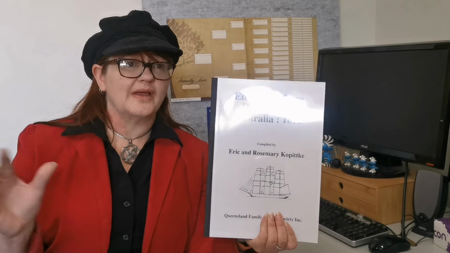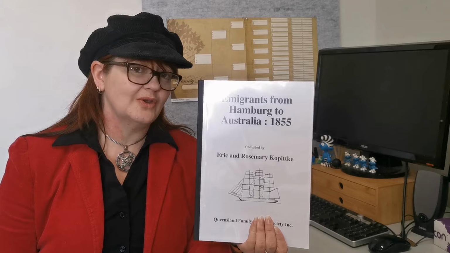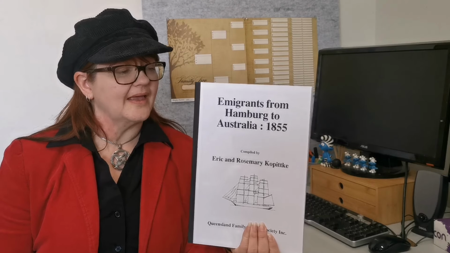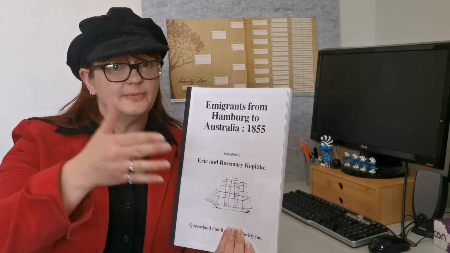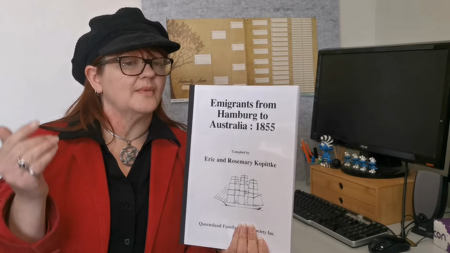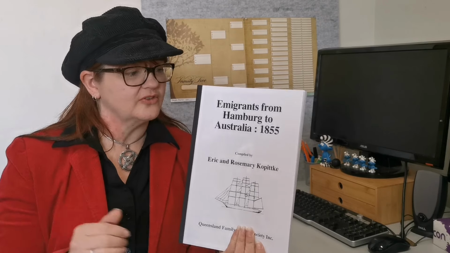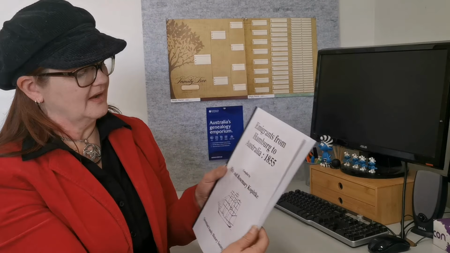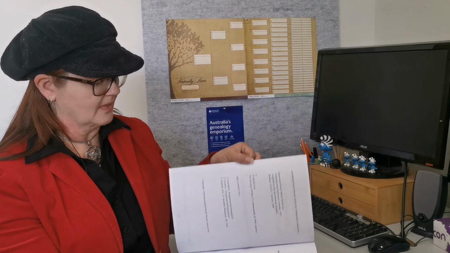Throughout that whole series, they listed over 40,000 Germans who came to Australia, and year by year, you can find every ship that came from Hamburg, along with the departure list and the passenger lists as well. So this book, for instance, 1855.